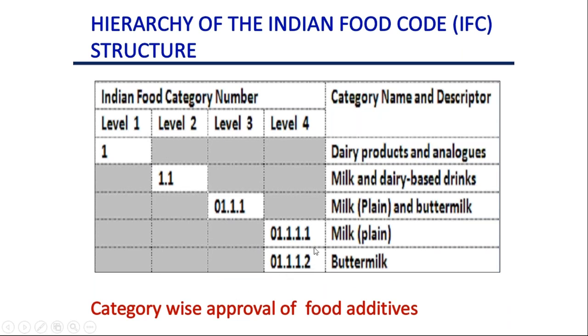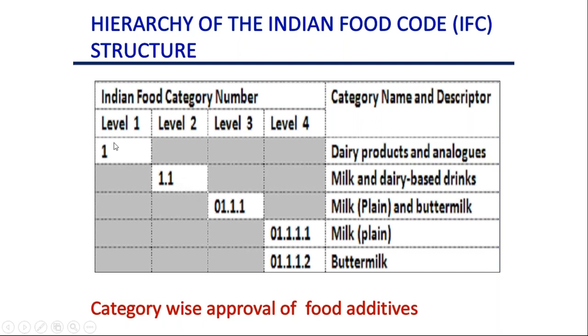However, if it is allowed only in 1.1.2, the food additive is not allowed in this category, in this category, in this category, and in this category. It is allowed only for this category. Another example: if it is allowed in 1.1.1, then it is allowed in these two, but it is not allowed in 1.1 and in 1.